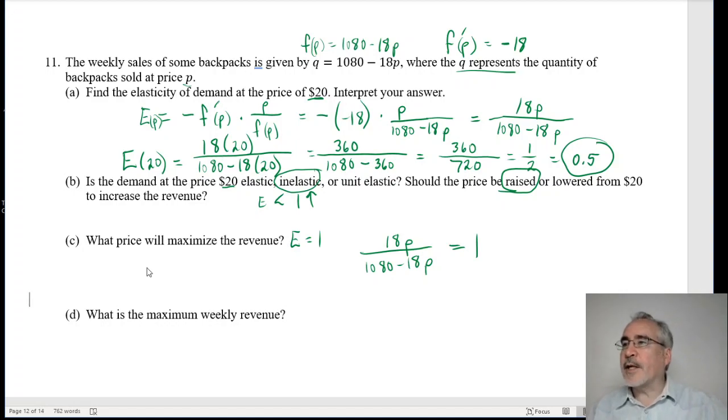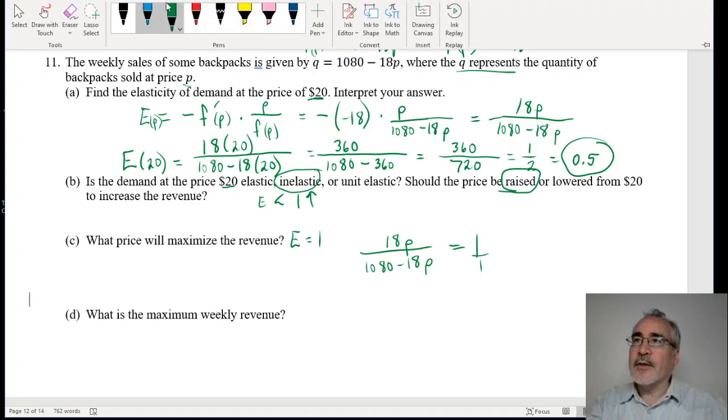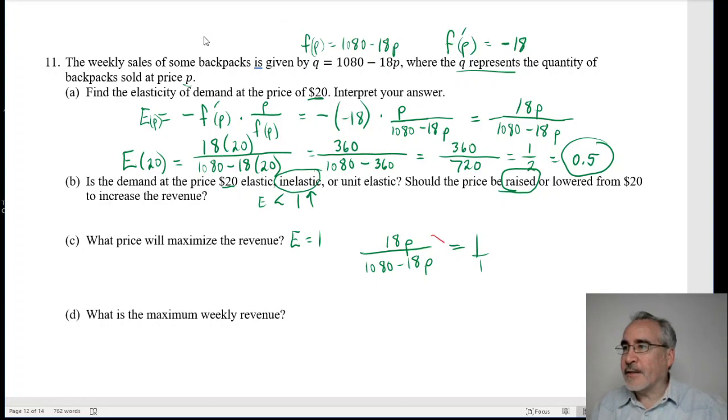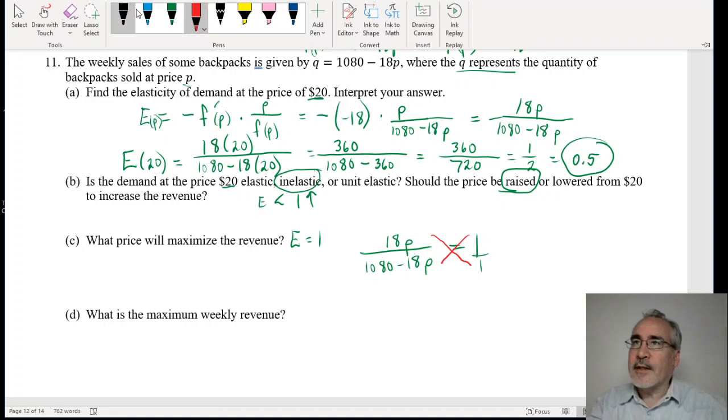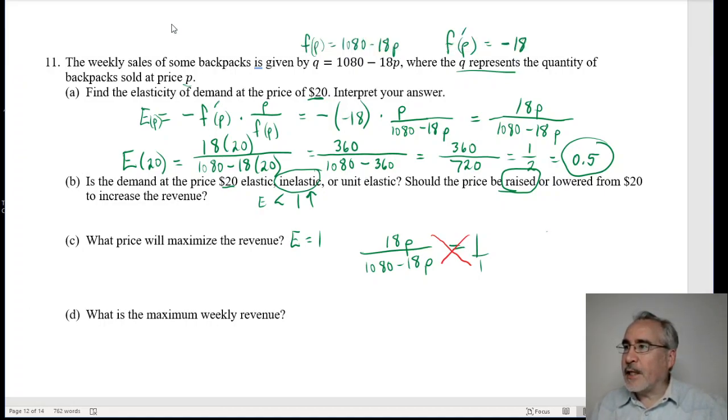Now we can do some algebra on this. What I would do is cross multiply. We can also use a graphing calculator, which I'll do in just a moment, or maybe I'll do that first, right? So you can cross multiply. What that gets us is 18p equals 1080 minus 18p.